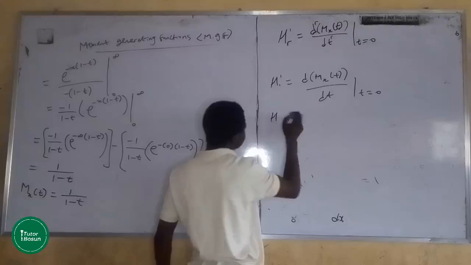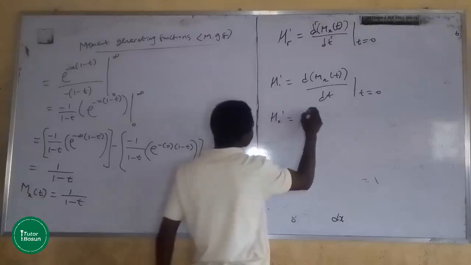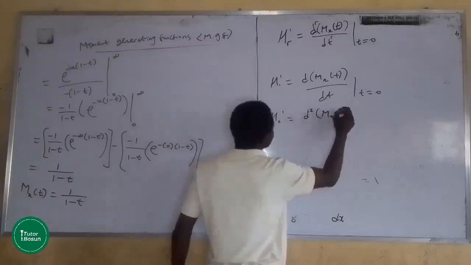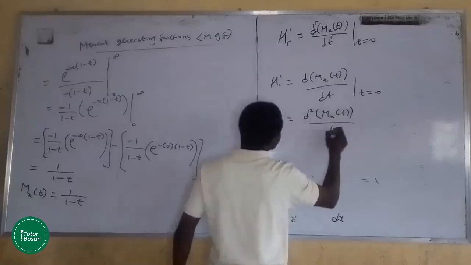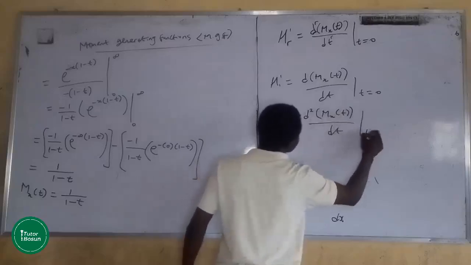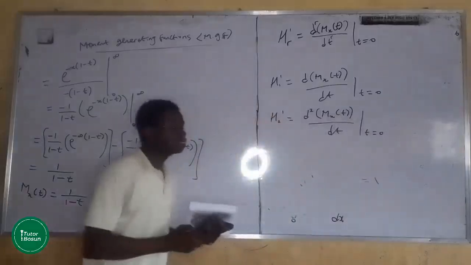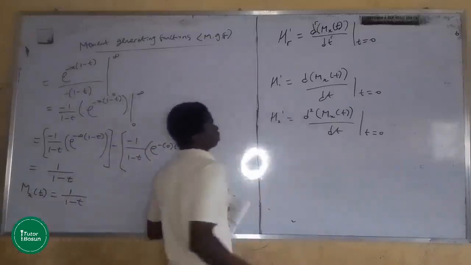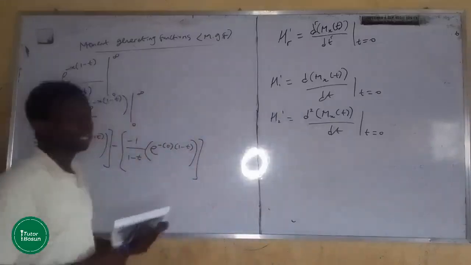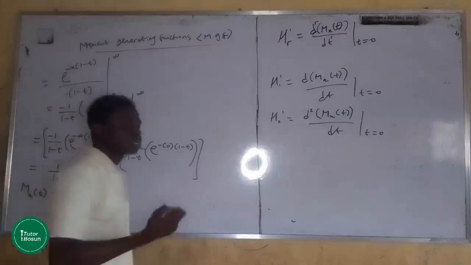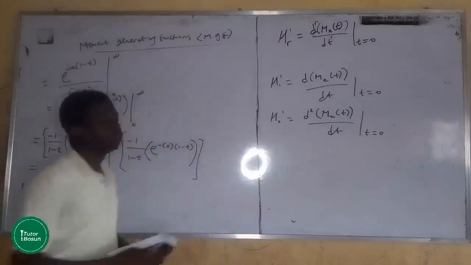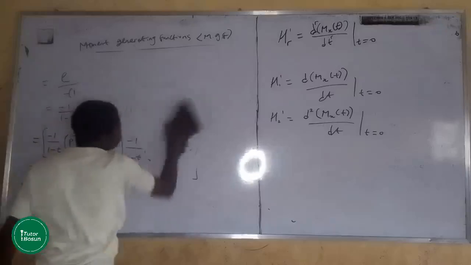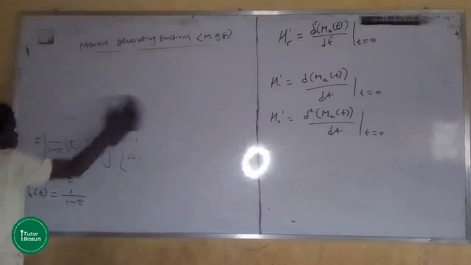Your second moment, mu 2 prime, will be the second derivative, d squared M over dt squared, taking t to 0. Just take note of that. So we are able to determine the formula we need to generate our moments from our moment generating function. Now let's move to an example in which we can apply that concept.